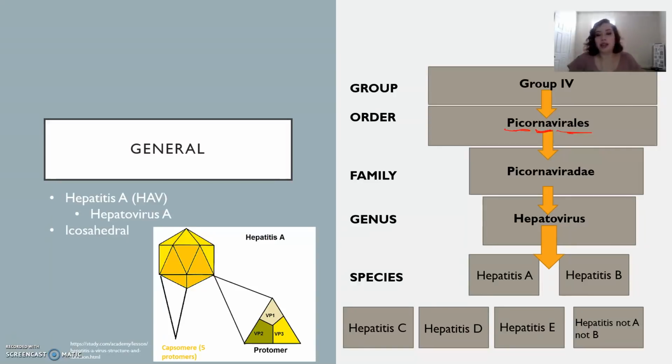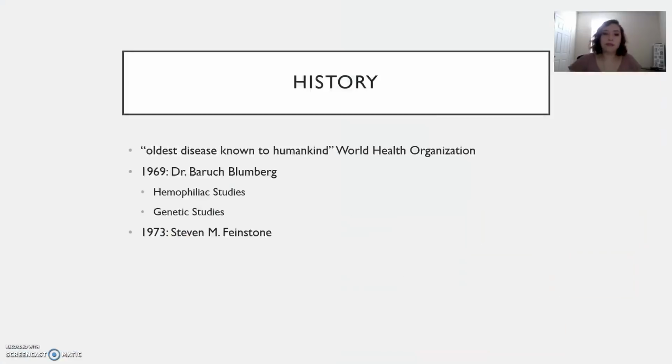That's under investigation. Hepatitis A is the most acute one out of all of them, meaning that it doesn't cause as high a rate of death as the other ones, and it doesn't persist as long or cause chronic signs and symptoms.